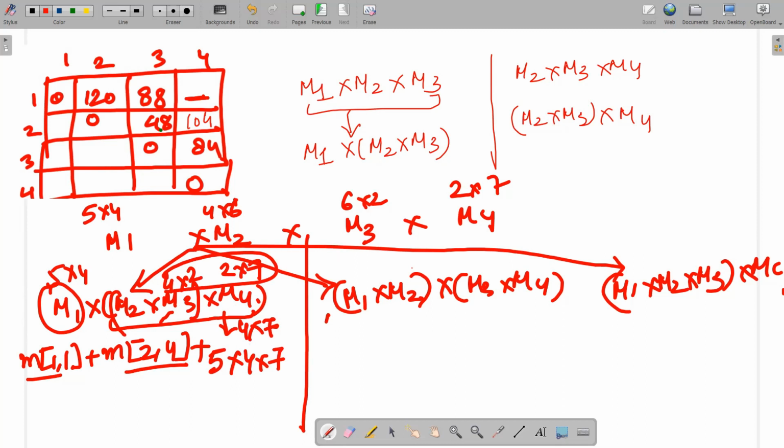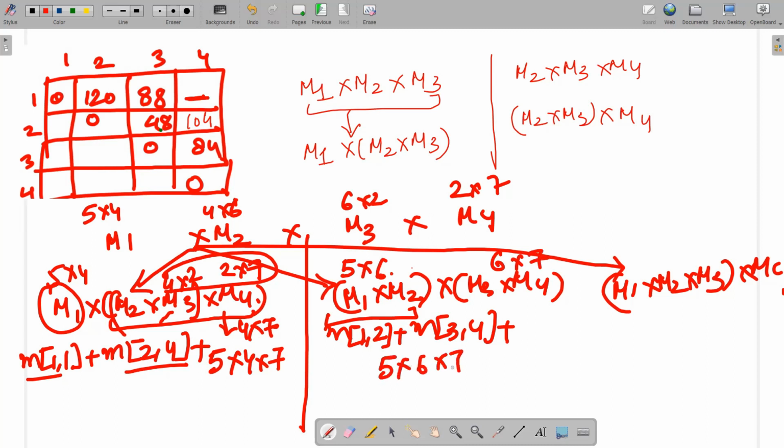So M1 multiplied, this is M12 plus this is M34, and what will be the cost of multiplying this? So this is the cost of M1 multiplied with M2 would be, the result of this is 5 cross 6. The result of this is 6 cross 7. And the total multiplication cost is 5 multiplied by 6 multiplied by 7, right?